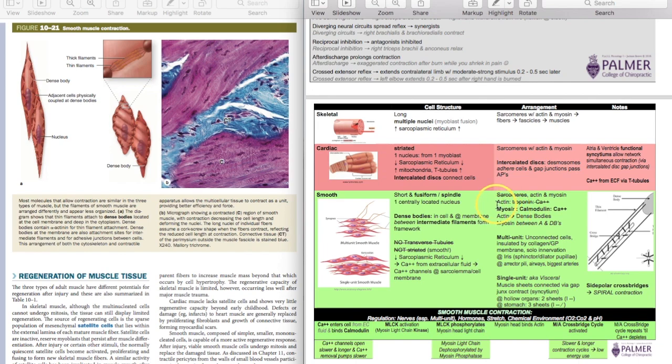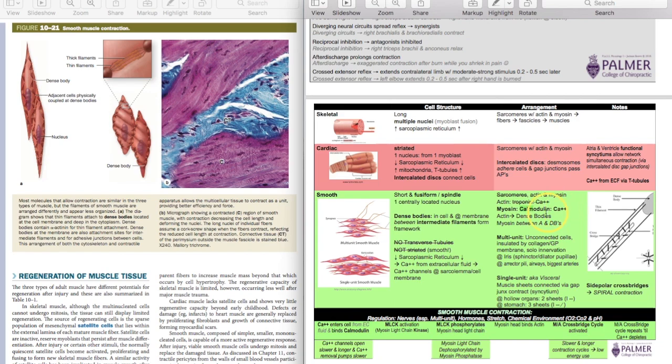So you have actin, but actin does not work like it does in the sarcomere. Instead, in smooth muscle, you have the thick filament associated with calmodulin, and calmodulin triggers contraction when calcium binds it.